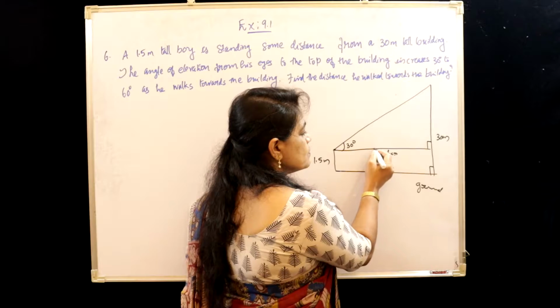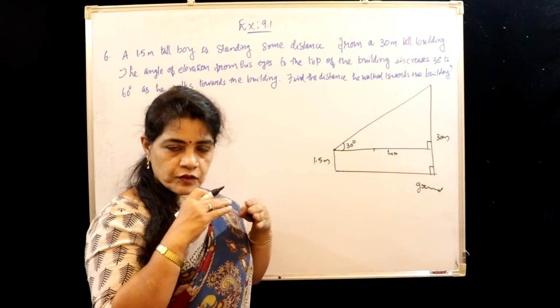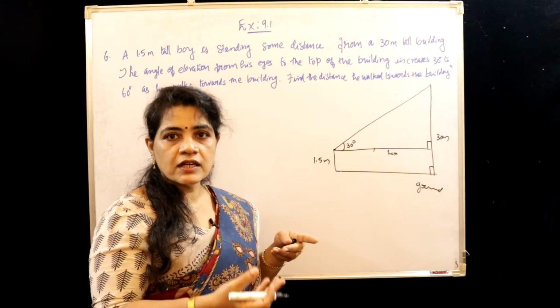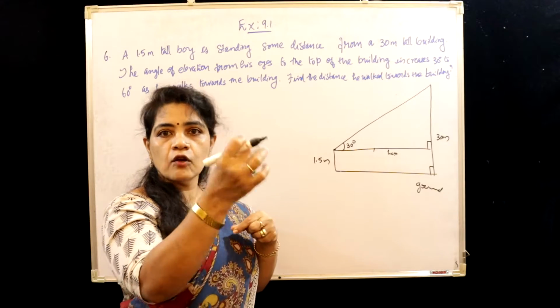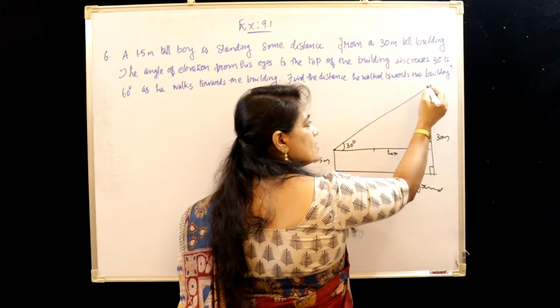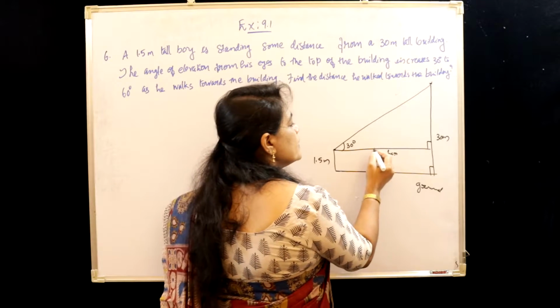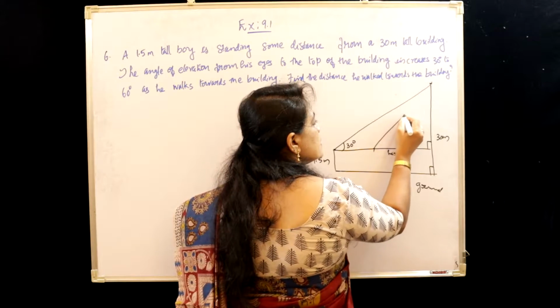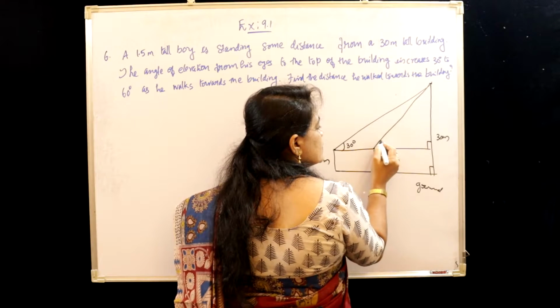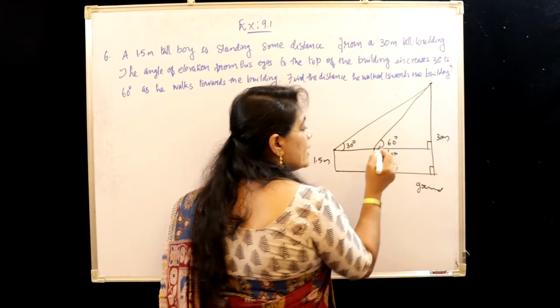So suppose after moving some distance, he reached this point, and at the same point he is watching the top of the building. Here at this moment, that angle of elevation is given as 60 degrees. And what is asked?